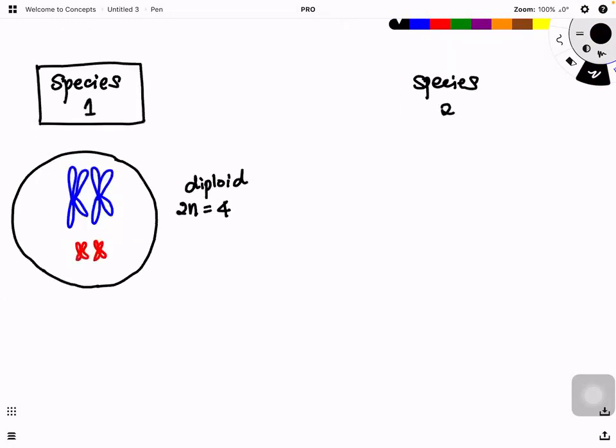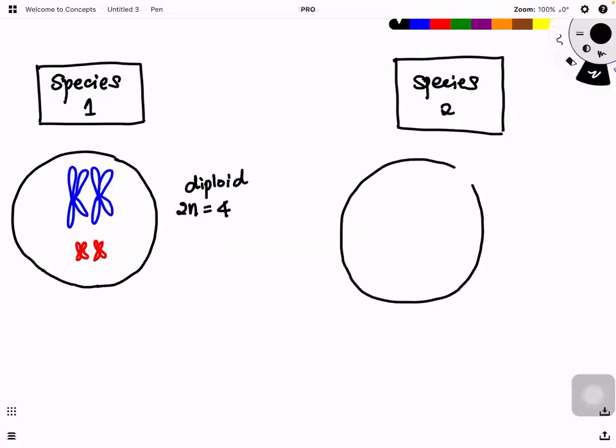Species 2, definitely their chromosomes will be different, so I don't use blue anymore. In this case, I use green and orange. So 2 greens, 2 orange. But they are closely related. The 2 species are closely related, also diploid. So 2n equals 4.